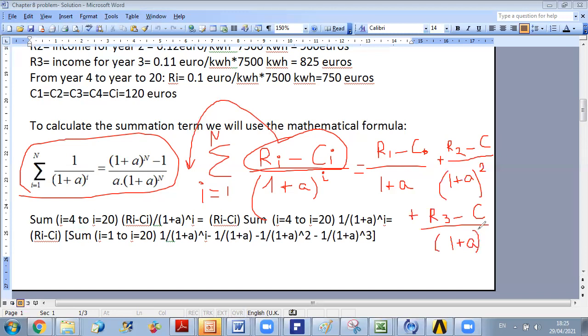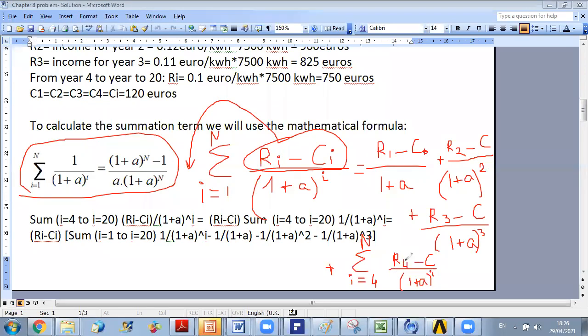For all remaining years, from 4 to n, I can add the summation from i equals 4 to year n of R4 minus C over (1 plus a) to the power i, because the income R will not change anymore. Now my challenge is to determine this summation.